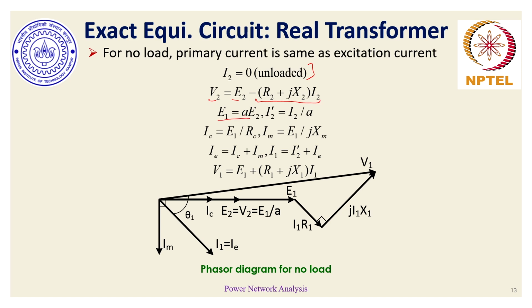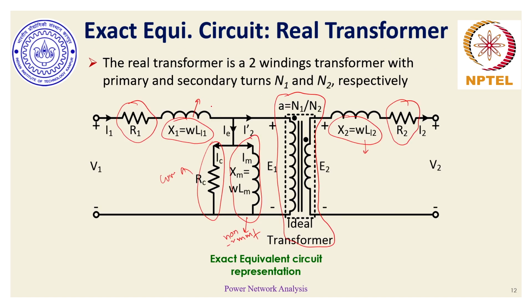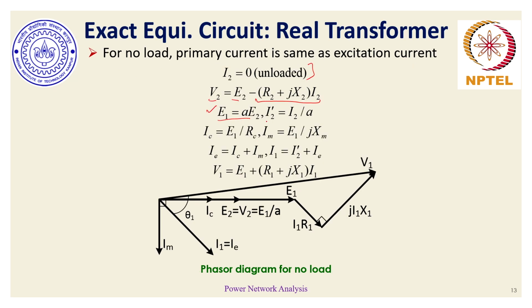E1 and E2, the induced EMFs, are still interrelated as per the turns ratio. The secondary current I2 is reflected as I2 dash, which is I2 by A, and I2 dash is not equal to I1 because the core is not ideal. So that's the relationship of induced secondary current from the perspective of primary.